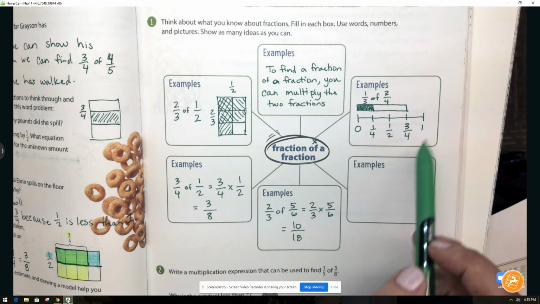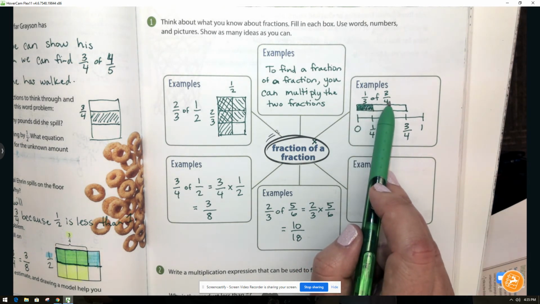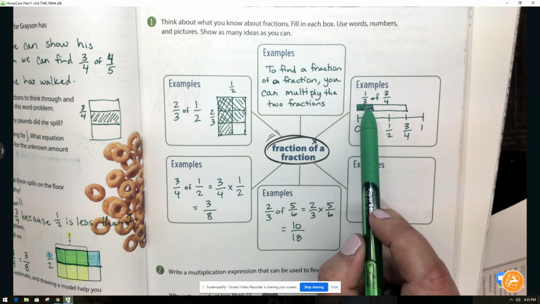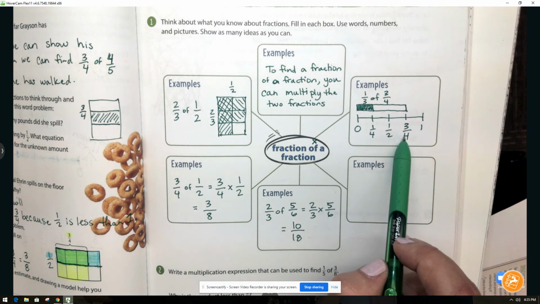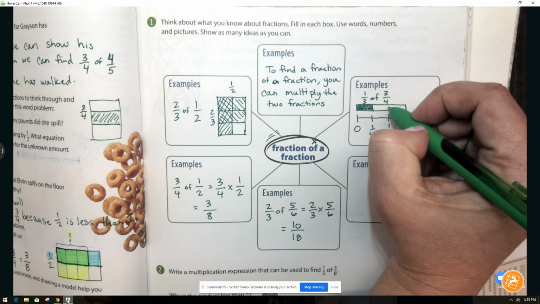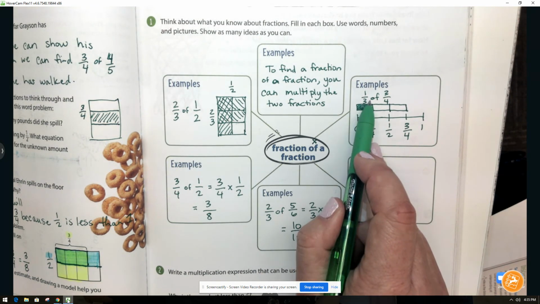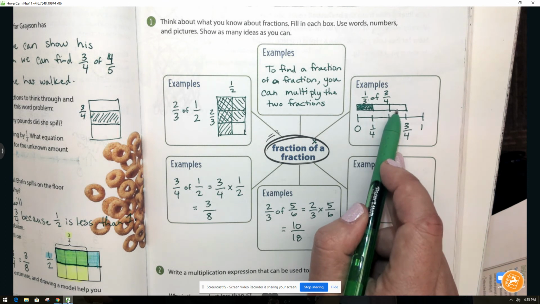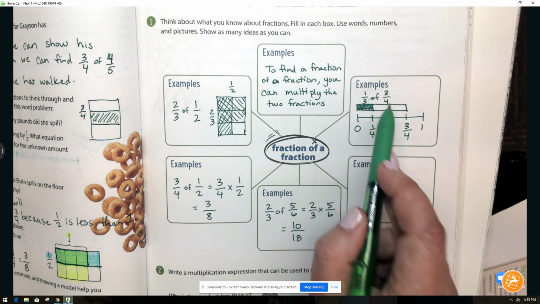In this example over here, we're showing what is 1/3 of 3/4. We drew a number line from 0 to 1. Then we drew this bar to show 3/4. Then we took 3/4 and we broke 3/4 into thirds because the denominator here is 3. We broke it into 3 sections, and then we shaded in 1/3 of 3/4.